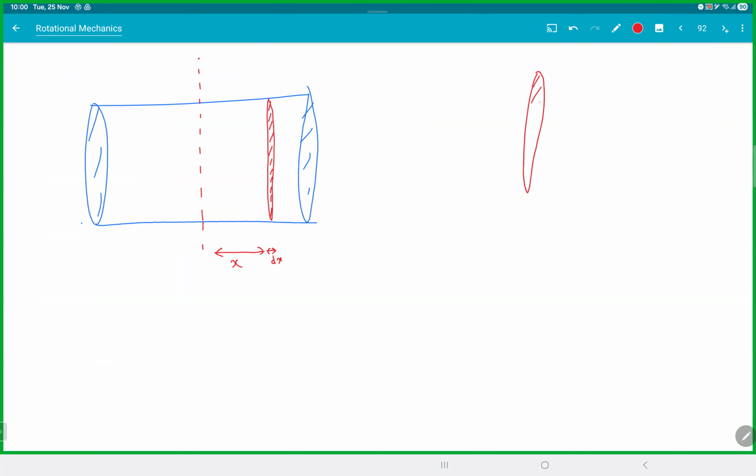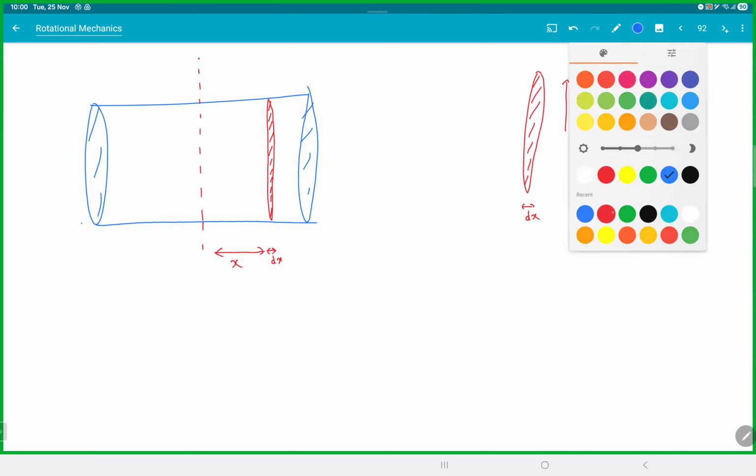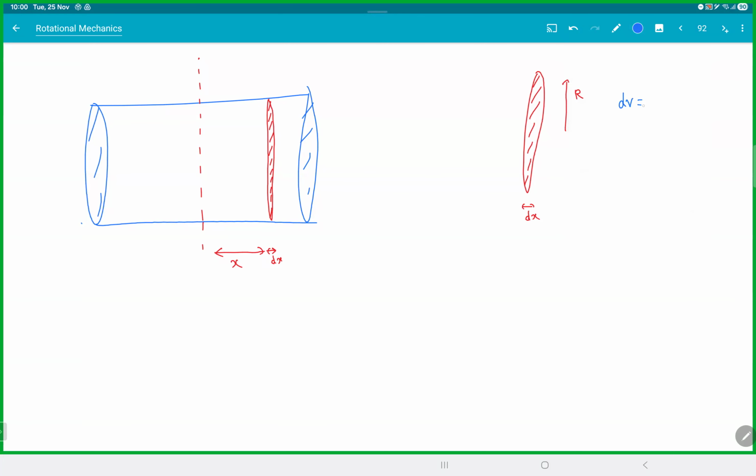So we have a thin disk whose thickness is dx and the radius is r. So the volume will be pi r square into dx. So mass of this thin disk will be total mass, which is M by pi r square L into dV, which is M by L dx.